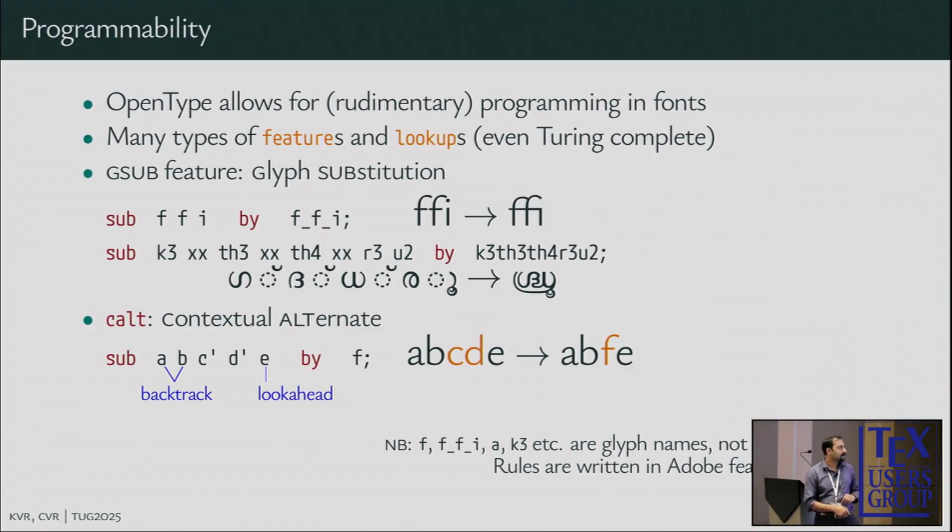One thing to notice here is these names, they are not characters or Unicode code points, they are just glyph names which are in the font. And these rules are written in the Adobe feature file format, which makes programming OpenType fonts much simpler compared to what you could do in font-making software such as Glyphs app or FontForge, etc.